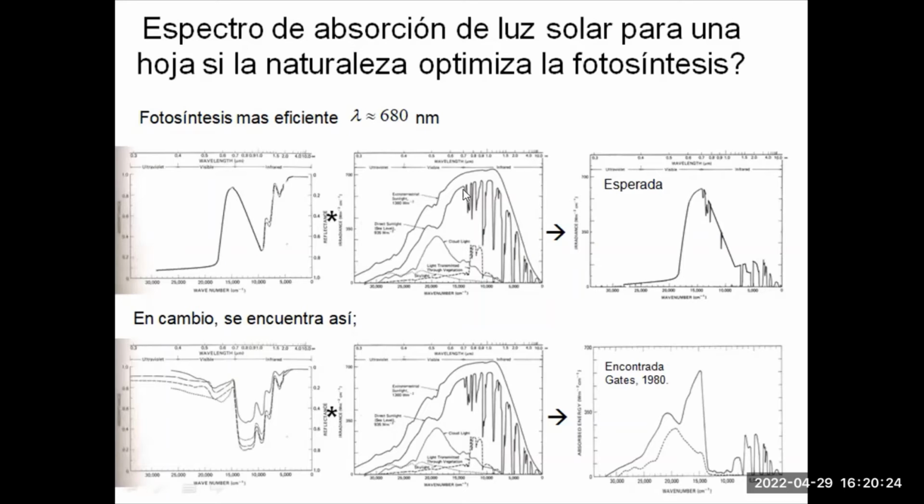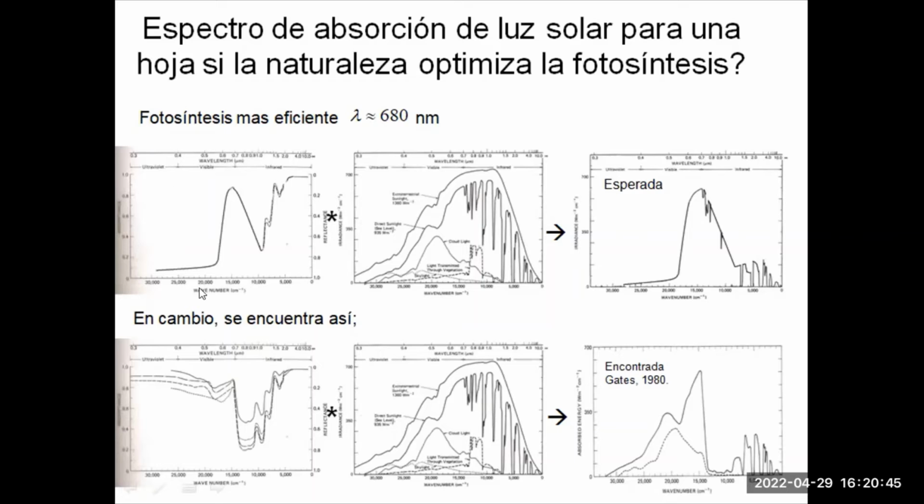And this is the spectrum of light which is arriving at the Earth's surface, this inner line here. The outer line corresponds to the spectrum at the top of the atmosphere. So there's some absorption in the atmosphere, and these little spikes here are due to the absorption of water in the atmosphere.